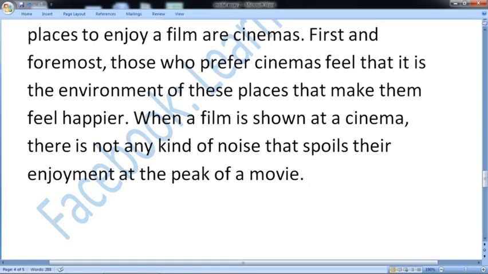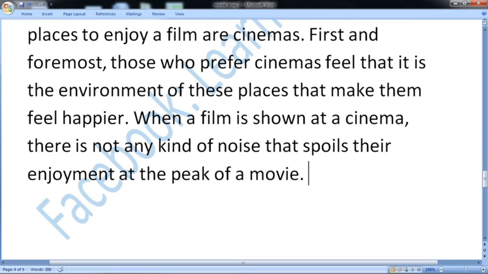For example, when we are watching a movie at home, and there is a peak of the movie, the climax, and our children start crying, then this would spoil our enjoyment. But in the cinema, everybody is concentrated. You can expand a bit more also. In a cinema, everybody is concentrated.